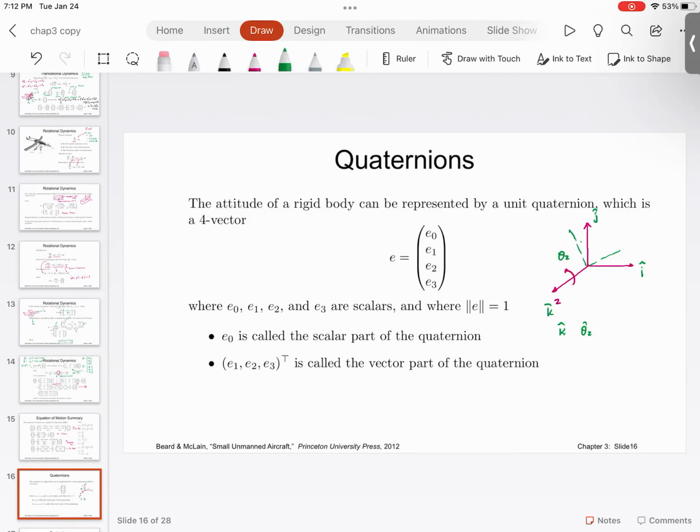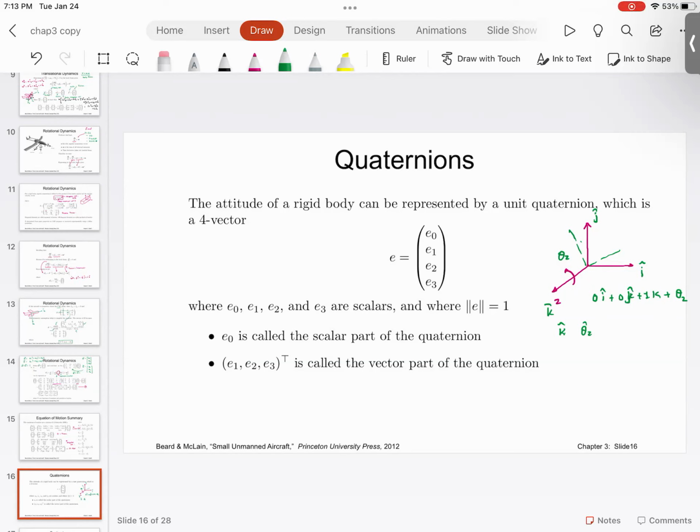If I want to express the rotation about an axis, I need four quantities. Why? Because I have I, J, and K. So if I want to express K, this is going to be 0I plus 0J plus 1K. And along with that, I need to express the rotation, theta z. So what I need is four quantities to describe the rotation.